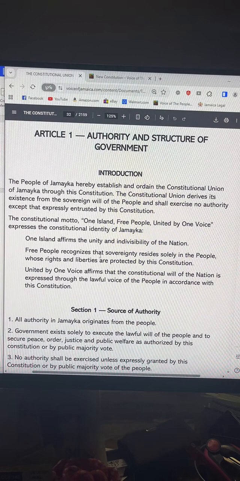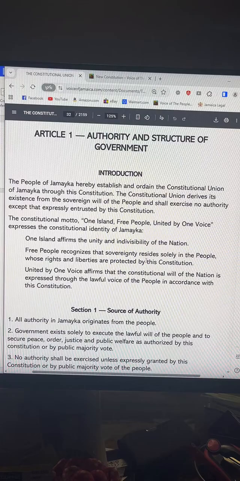Free people recognizes that sovereignty resides solely in the people, whose rights and liberties are protected by this constitution. United by one voice affirms that the constitutional will of the nation is expressed through the lawful voice of the people in accordance with this constitution.